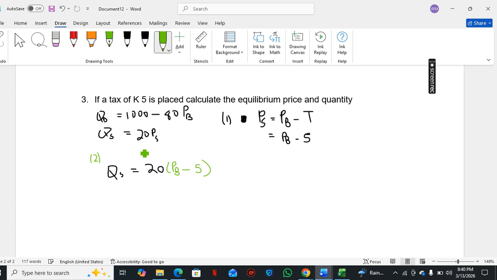So 20 times PB, we get 20 PB. 20 times negative 5 is negative 100. So it's 20 PB minus 100. This is our new supply function. Any questions so far?